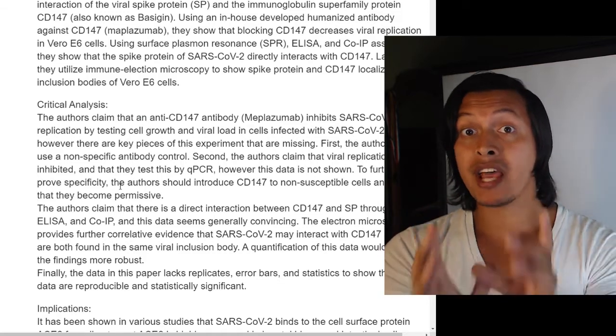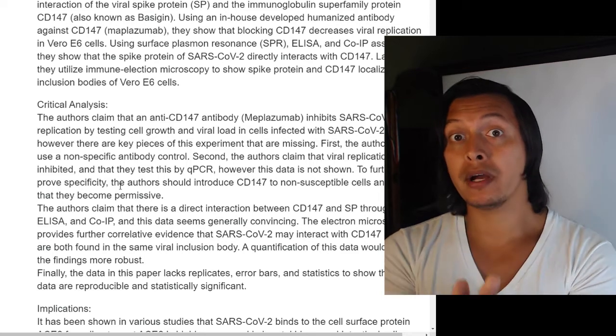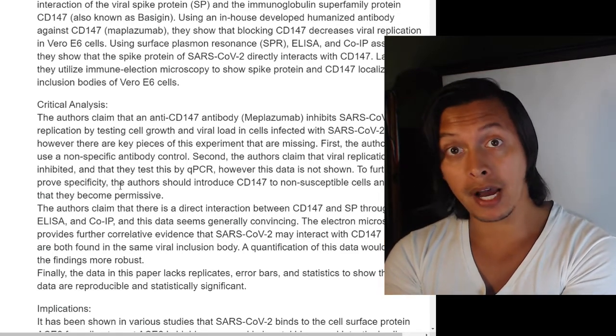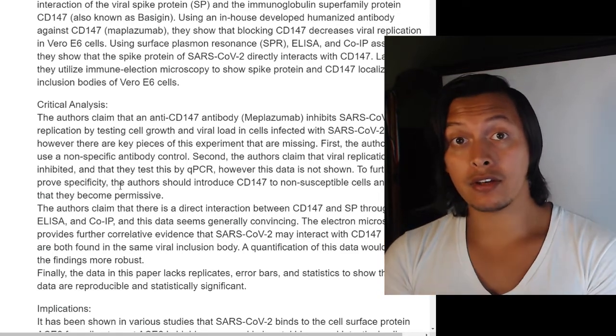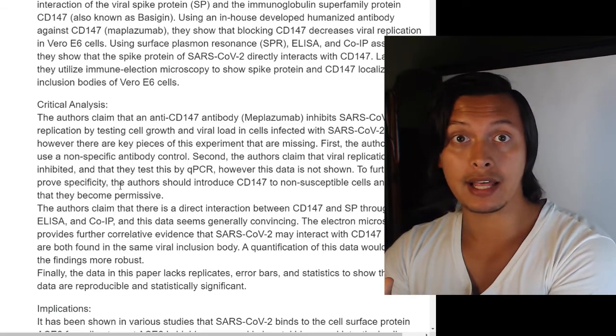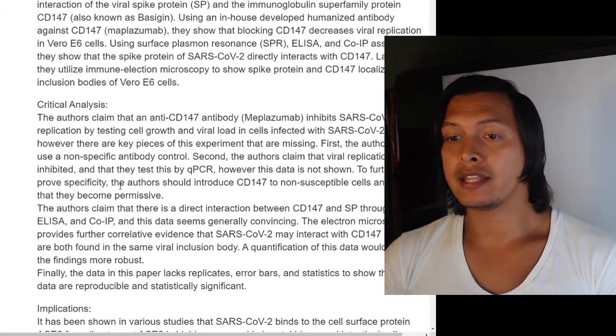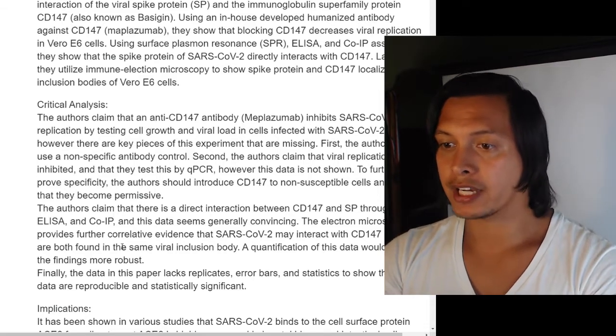Then you test your virus on both the control group and the CD147 positive group, and that can tell you yes, by introducing CD147, we are making that cell vulnerable when it was immune before. They did not do that with this particular experiment.